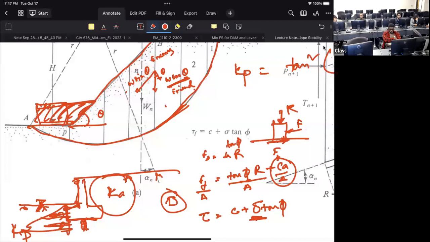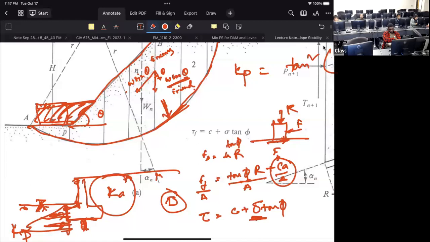At whatever point we are looking at, we need to find the perpendicular to the slip surface. We need to draw a tangent and then draw a normal line to it, right? That's how we get it. That's the angle where it is working.